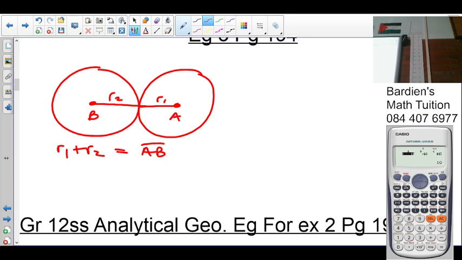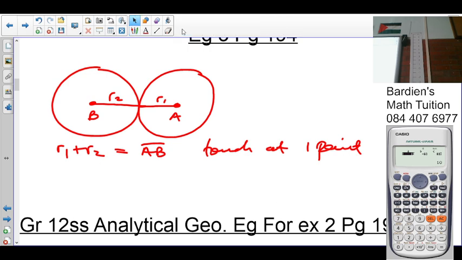They touch each other at one point. Can you see that? If the sum of the two radii is equal to the distance between the two centers of the circles, then the circles touch each other at one point. So make that note.